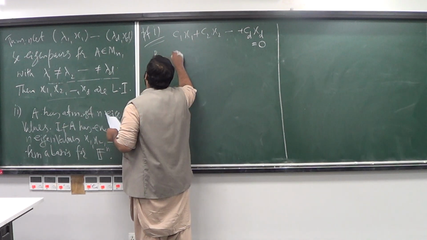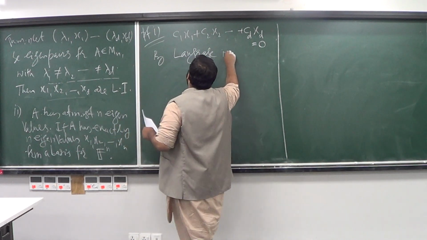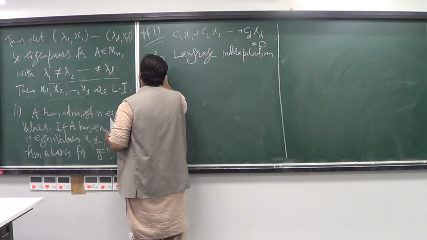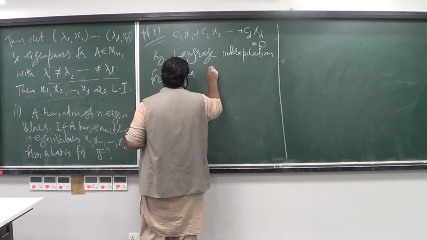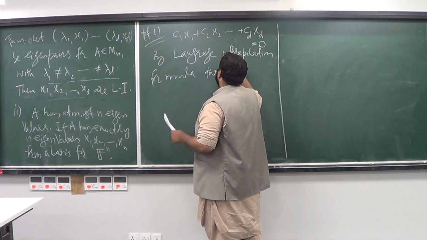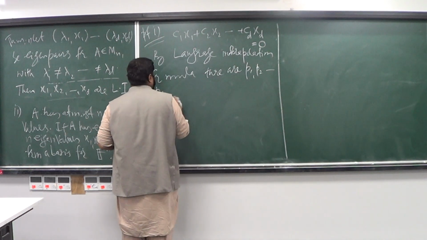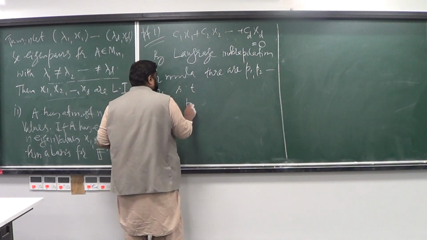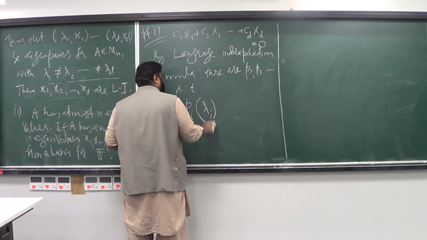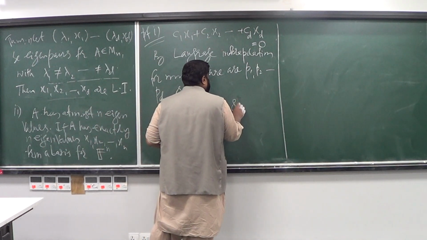Now, by the Lagrange interpolation formula, we can find d polynomials such that if you take the ith polynomial Pi and substitute the jth eigenvalue in it, you get delta ij.